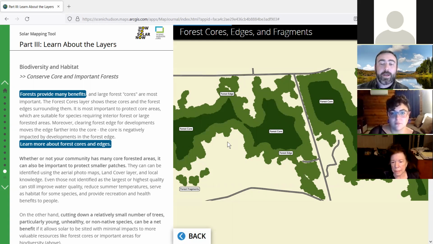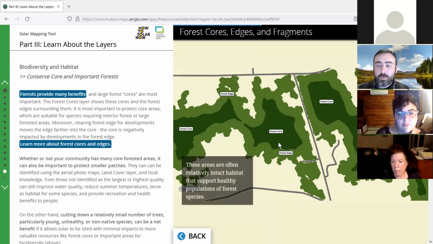There are some species that are very sensitive to these edges, and so they're really not going to go within a certain distance of an edge. So for some songbirds, for instance, studies have shown that they're not going to come within 100 yards of a farm field or a road or anything like that. They're going to stay in the core of the forest and stay away from the edge of the forest.